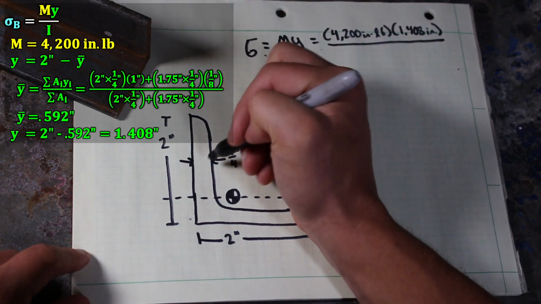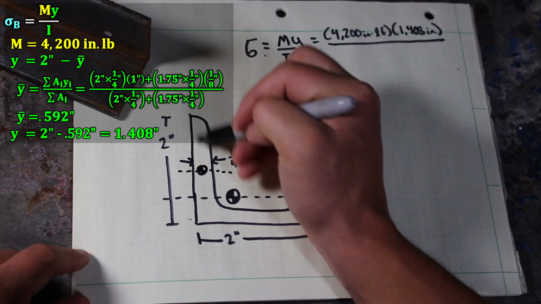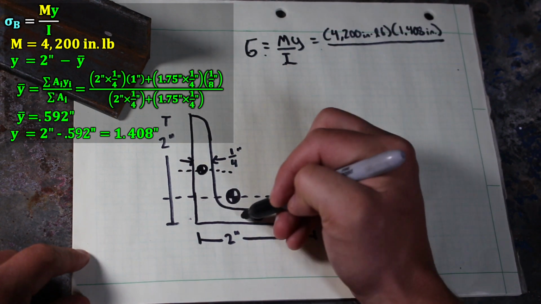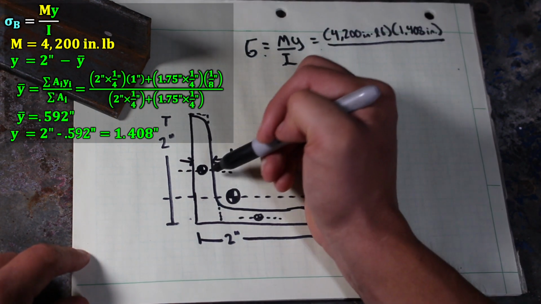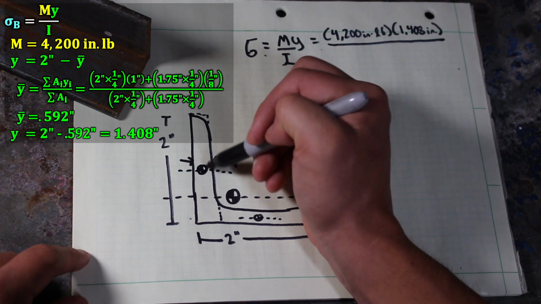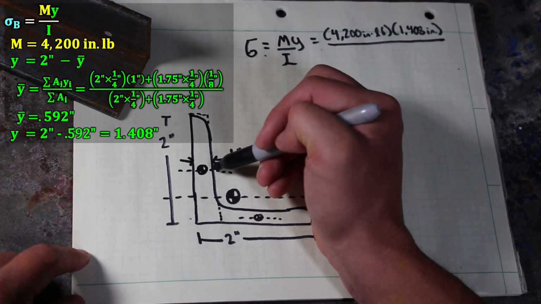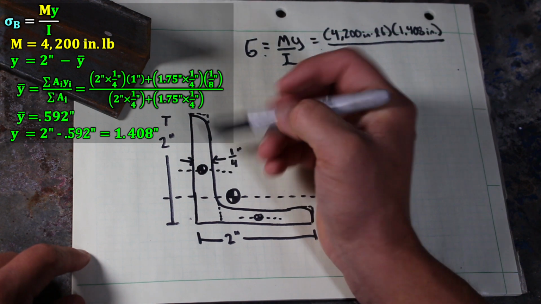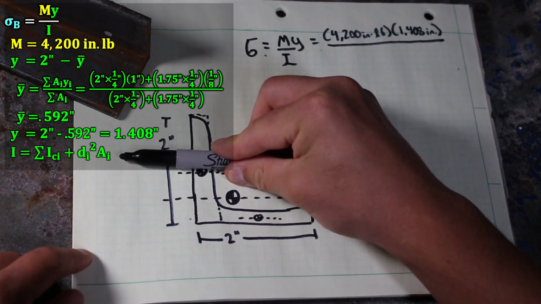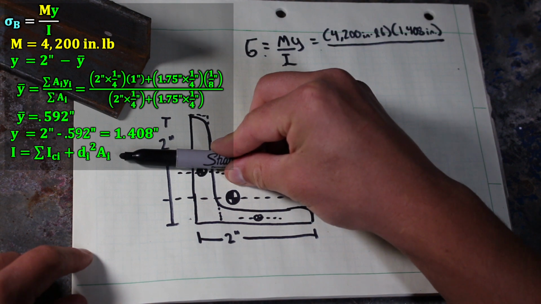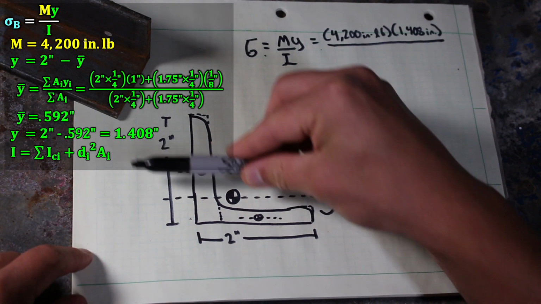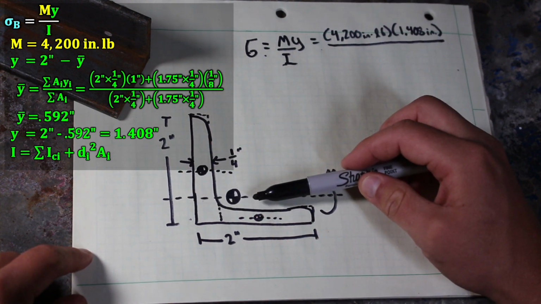So in this case, we have two rectangles. Here's our left-hand rectangle, and here's our right-hand rectangle. So each of these rectangles has their own little sub-area centroid. So we want to look at their moment of inertia about their own sub-centroid, and then use parallel axis theorem and find the equivalent moment of inertia about a parallel axis, an axis that goes through the centroid of the overall cross-section.